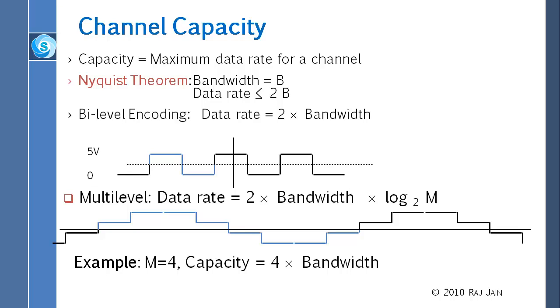Depending upon what value I want to send, we will send that level. So now this has 4 levels, and for m levels, the Nyquist theorem says that you cannot get more than 2 times the bandwidth times the log base 2 of m. Okay, so m is 4, log base 2 of 4 is how much? 2. So you cannot get more than 4 times the bandwidth.